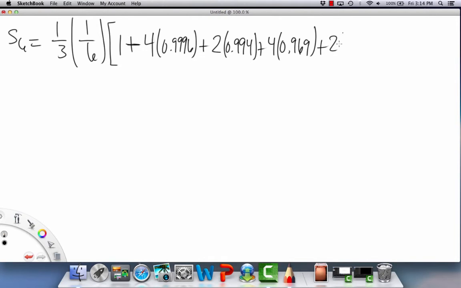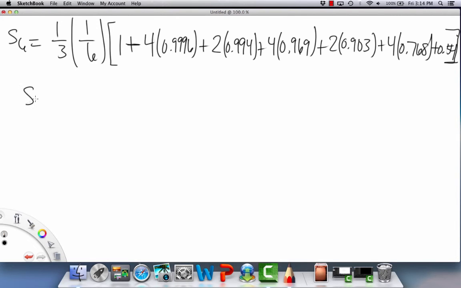Going down here a little bit, 2 times y4 is 0.903 plus 4 times 0.768. Oh, I'm not going to make the last one. I might. Okay, y6 is 0.54. Okay, that is going to be it. Yep, that's a 4 at the end.